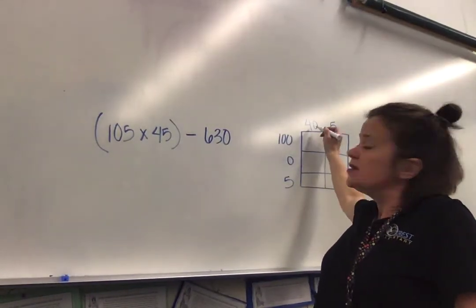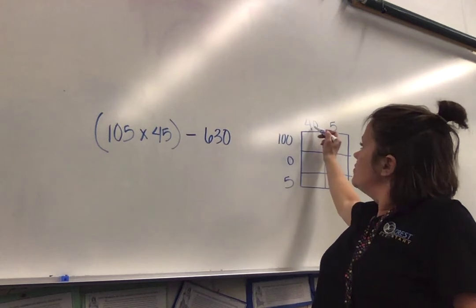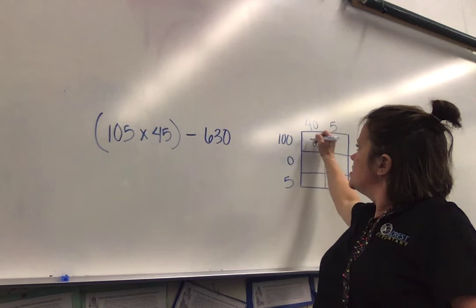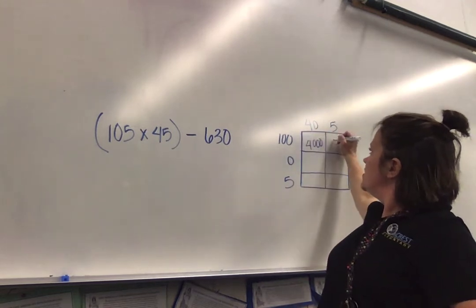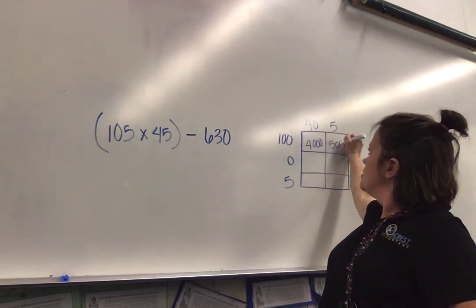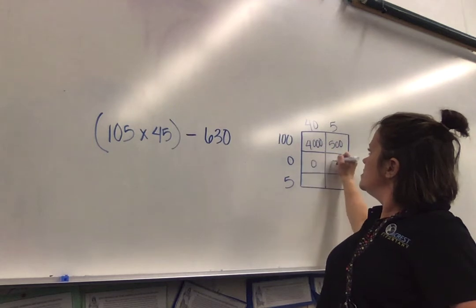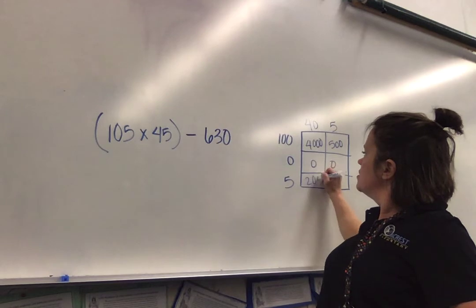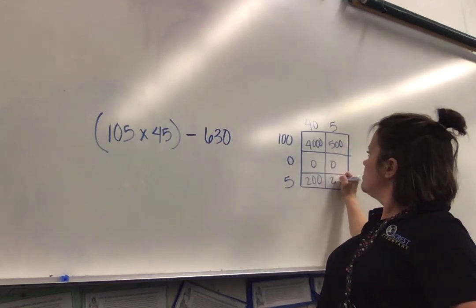Okay, so I'm going to multiply these, right? I have 3 zeros. 4 times 1 is 4. This is going to be a 500. This is 0. This is 0. This is 200. And this is 25.